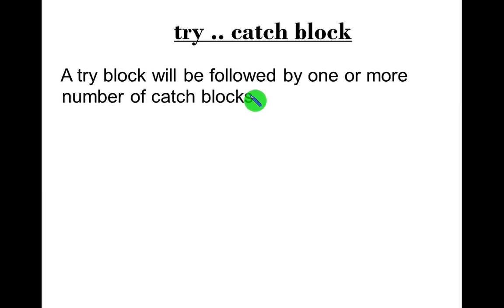As we discussed earlier, a try block consists of the code which raises an exception. This try block will be immediately followed by at least one or more catch blocks. Inside the catch block, we are giving the solution or remedy for the exception.